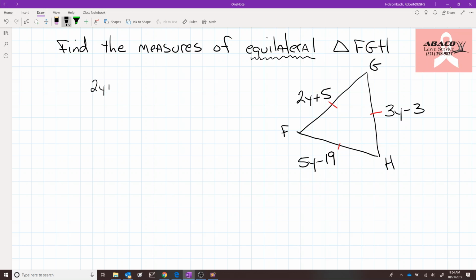So if you go your 2y plus 5 equals 3y minus 3. And subtract the 2y from each side. Your 5 would equal y minus 3, and then add 3.